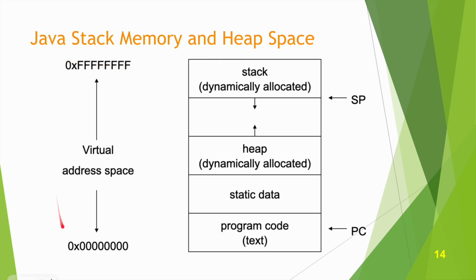These are the virtual addresses on the left hand side, and on the right hand side you have the stack and the heap, which grow in size, expand and shrink as the program executes. And we have the static block and the program, which is the instructions or the code that you write.